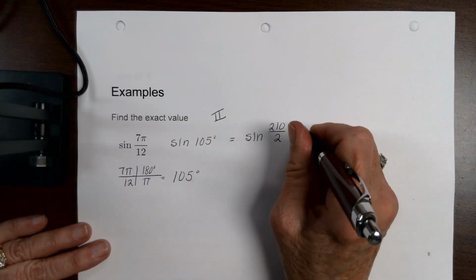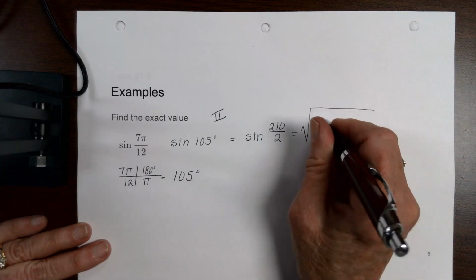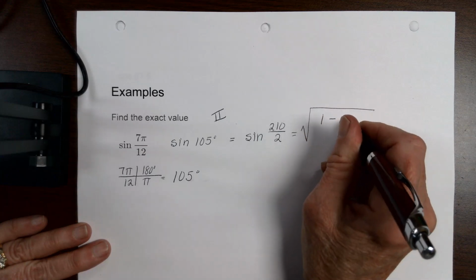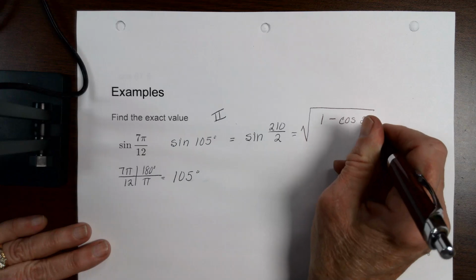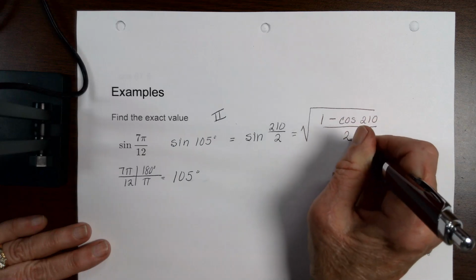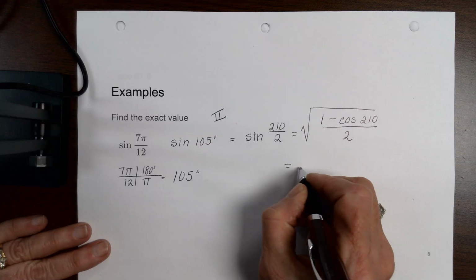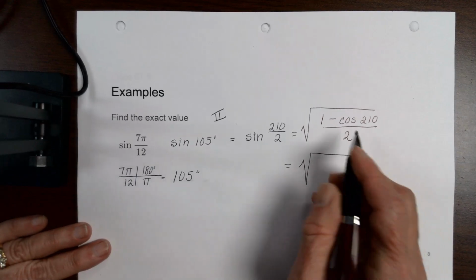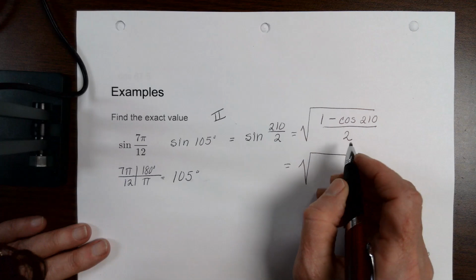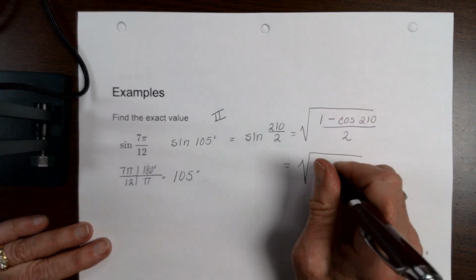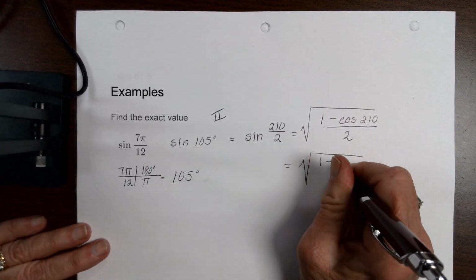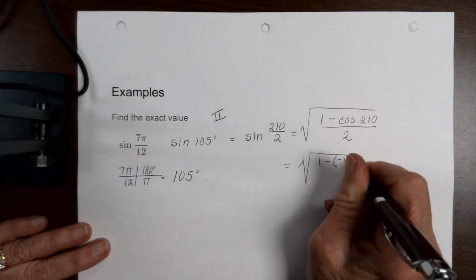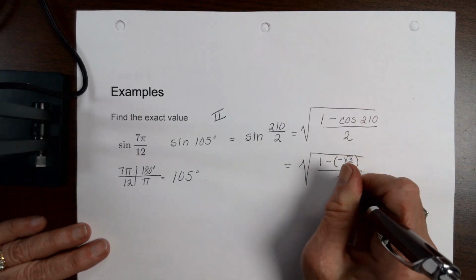So that is going to equal the square root of (1 minus the cosine of 210) divided by 2. The cosine of 210 is negative square root of 3 over 2. So 1 minus negative square root of 3 over 2, over 2.